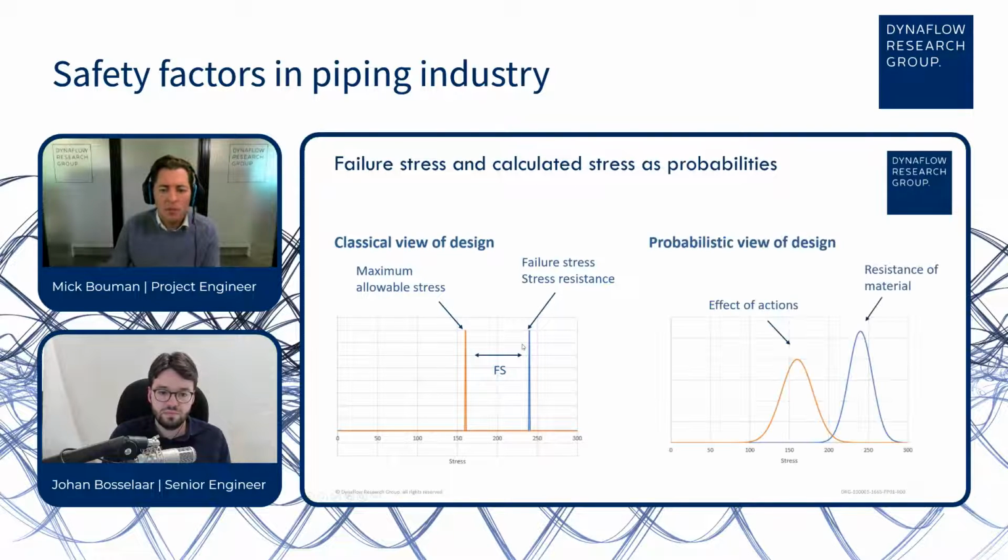And there is a school of thought that is also present in the Eurocode, Eurocode 1990. And there, instead of dealing with these fixed ultimate values and allowable values, or say calculated values, they deal with distributions, because in reality, the resistance of the material or the capability of the material is not a fixed value.